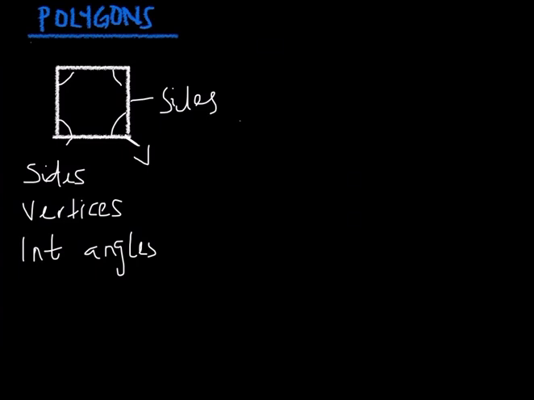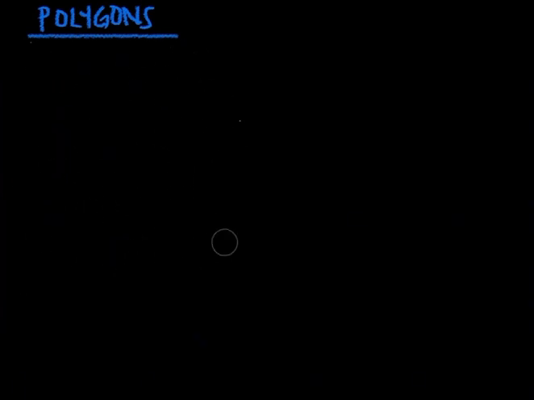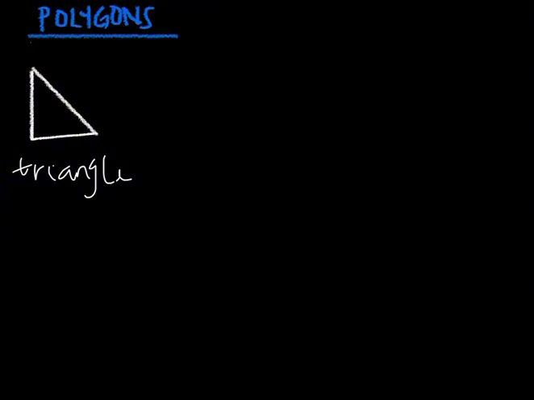Now let's move into types of polygon. For the types of polygon, we are going to characterize them based on their number of sides. A polygon with 3 sides is called a triangle. A polygon with 4 sides is called a quadrilateral.